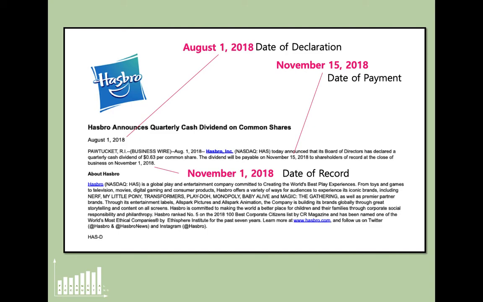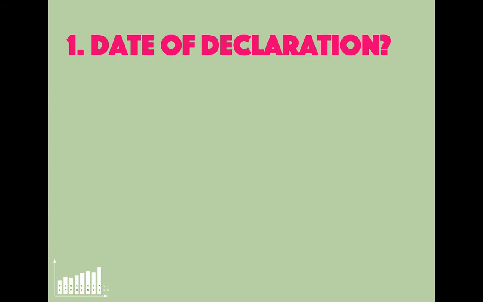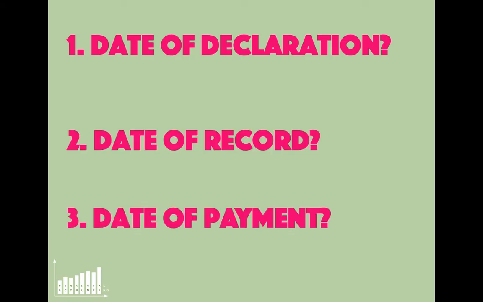So these 3 dates are really important because we're trying to figure out how to do the accounting for these things. So on the date of declaration, date of record, date of payment, what do we do? We know there are 8 common shares out there for our company, Carl's Canoes, and the company board of directors declared a 50-cent dividend.